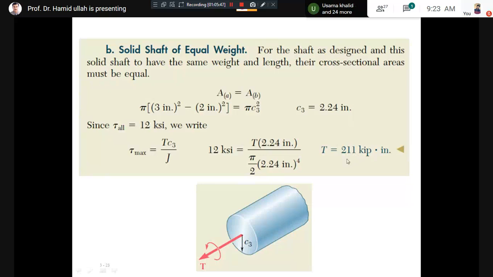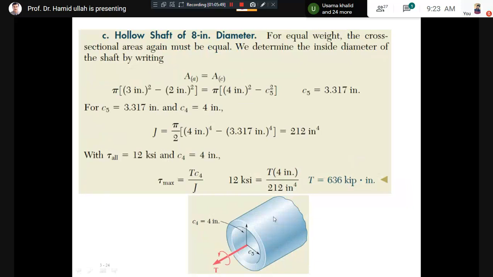Now think of the third option, in which the shaft for sure is hollow. Its outer diameter is 8 inch instead of 6 inch as in case number 1. Again, weight-wise they are the same, so you can see the same relation: cross-sectional area of shaft A, the very first shaft, equals cross-sectional area of shaft C. Here I say that c4 is the outer radius and c5 is the inner radius.